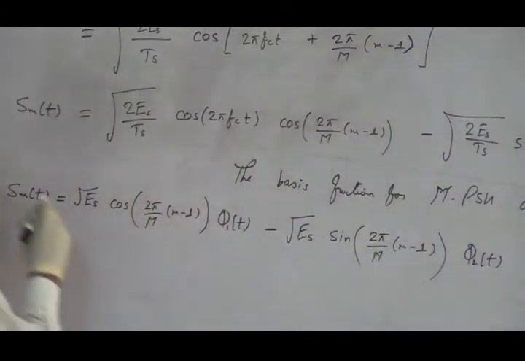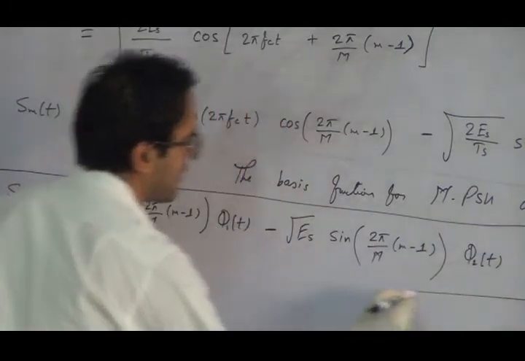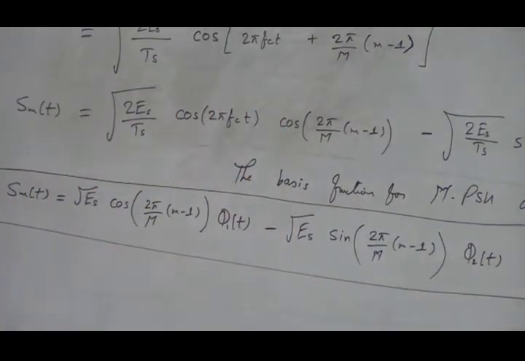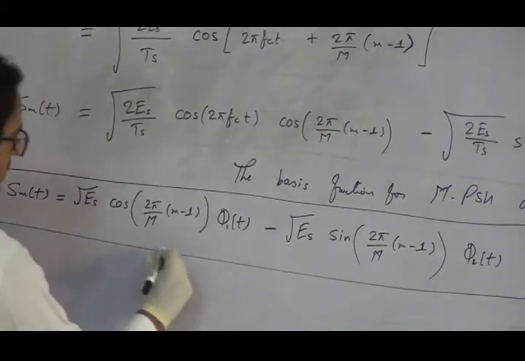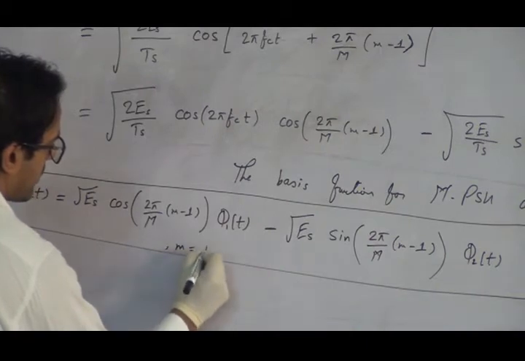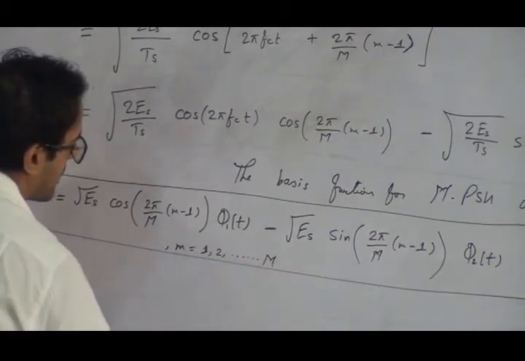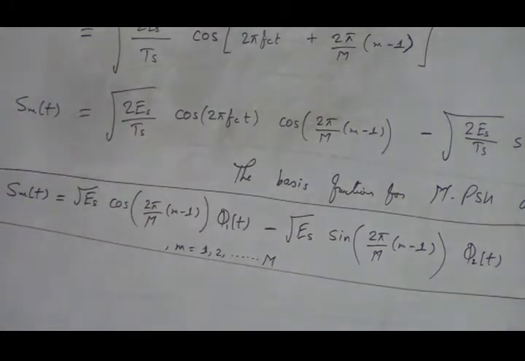Right, now this is your generalized expression for M array PSK, M array phase shift keying, where small m varies from 1 till capital M. And now let's expand for capital M equivalent to 4 and see how the phases come out to be.